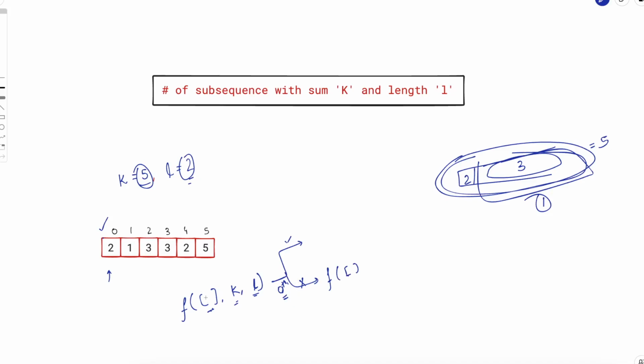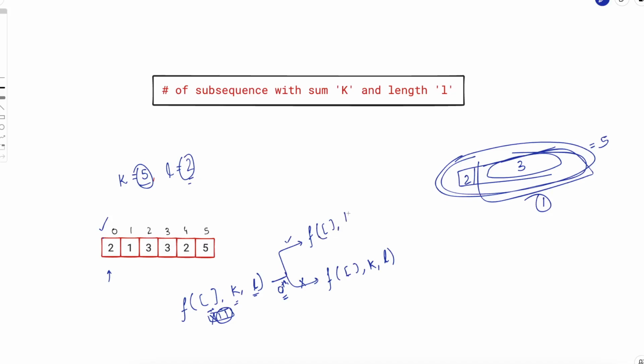So whatever array it had, you will just drop this one and the entire remaining thing will be copied here. That is, you want something for this remaining array which has sum of k and length l. But if you take it, you again want something from the remaining array.